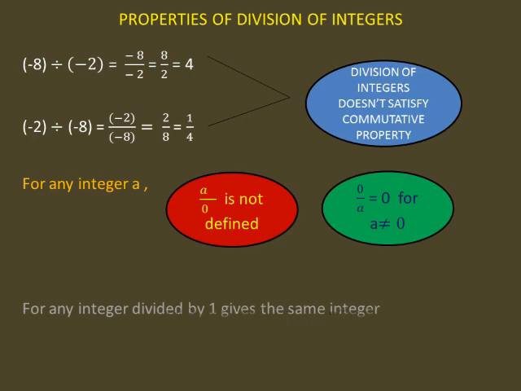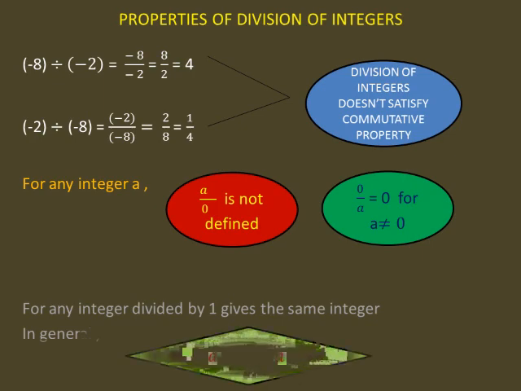The other property is that any integer divided by 1 gives the same integer. That is, a divided by 1 gives a. So in other words, any whole number can be written in the form of the number upon 1. It won't make a difference.